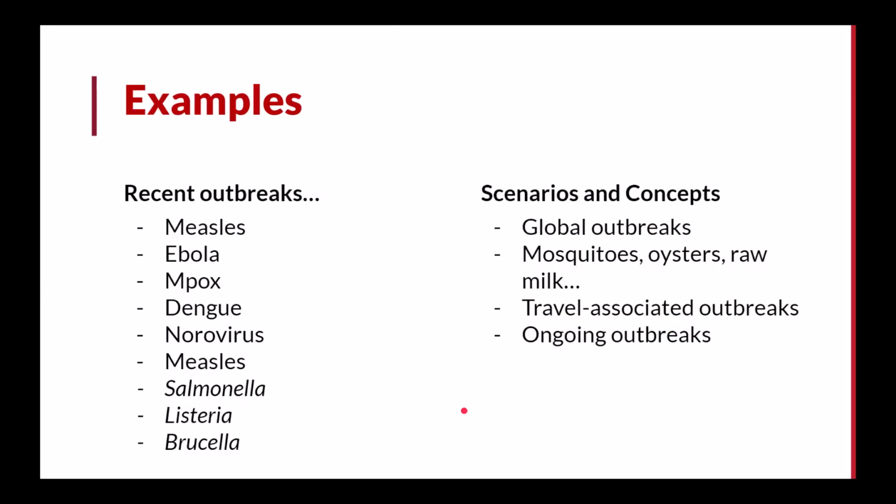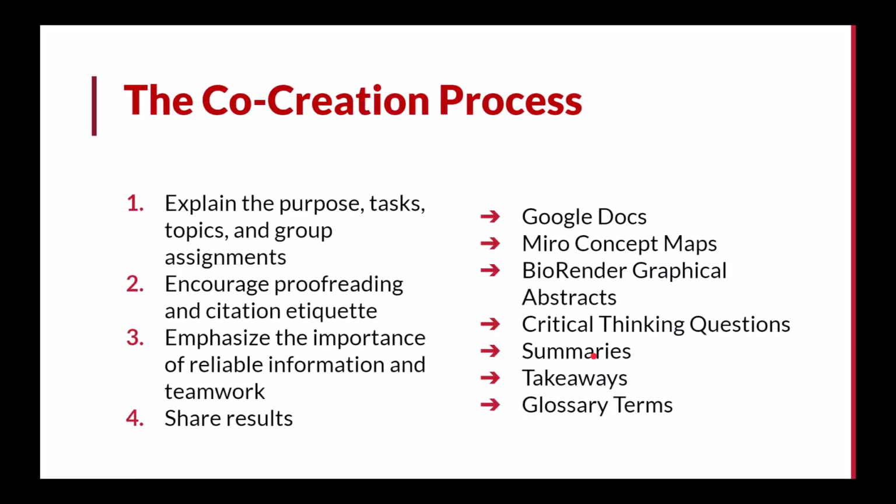Examples of outbreaks we've discussed include measles, Ebola, Mpox, dengue, norovirus, salmonella, listeria, brucella, and we keep on adding to the list. The scenarios and concepts include global and regional outbreaks, outbreaks caused by mosquitoes, consumption of oysters, raw milk, travel-associated outbreaks, and ongoing outbreaks.